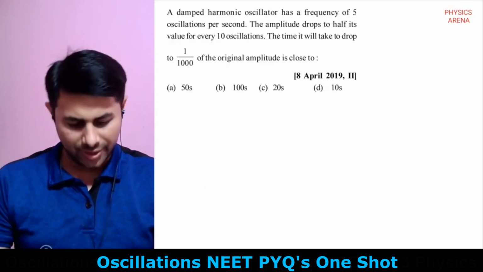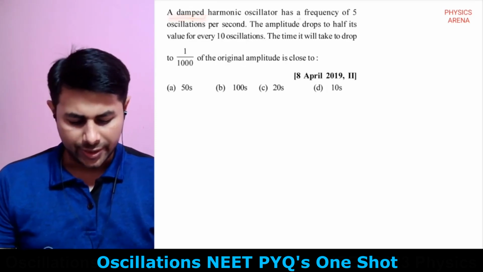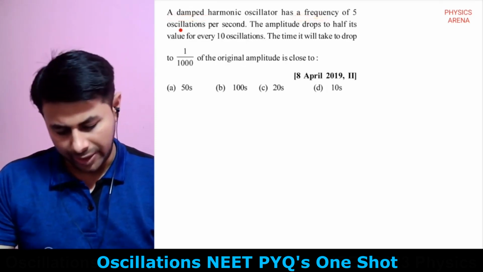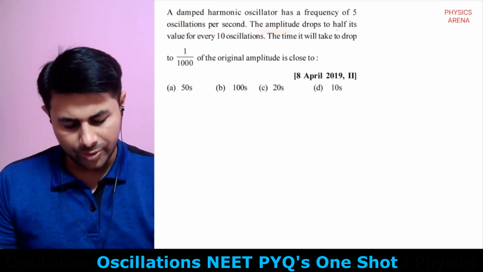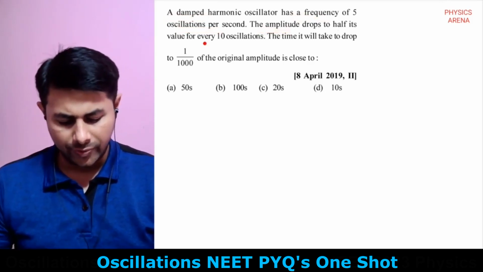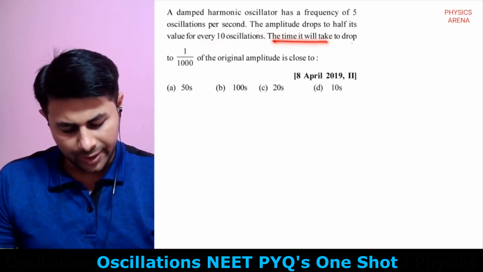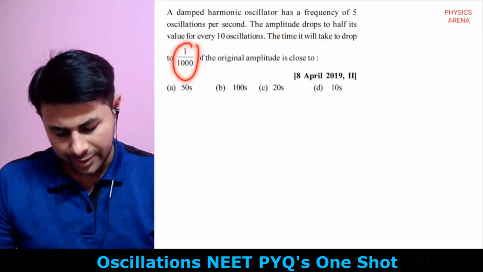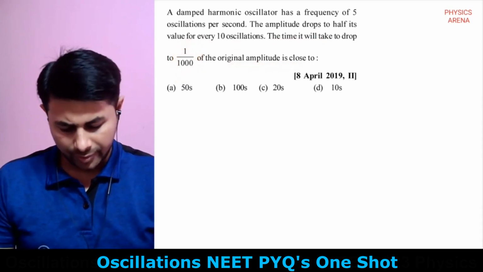Let us see the next question. A damped harmonic oscillator has a frequency of 5 oscillations per second. The amplitude drops to half its value for every 10 oscillations. The time it will take to drop to 1 by 1000 of the original amplitude is close to.